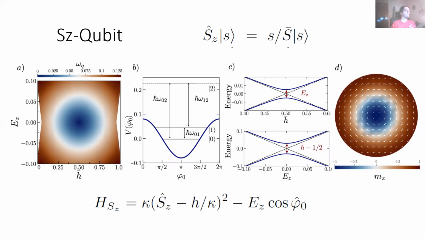This qubit works as the angular momentum operator and gives the exact spin value when interacted with an S spin wave function.